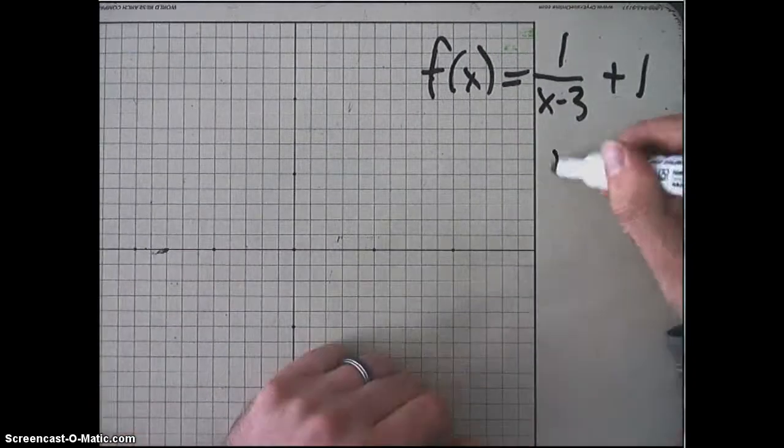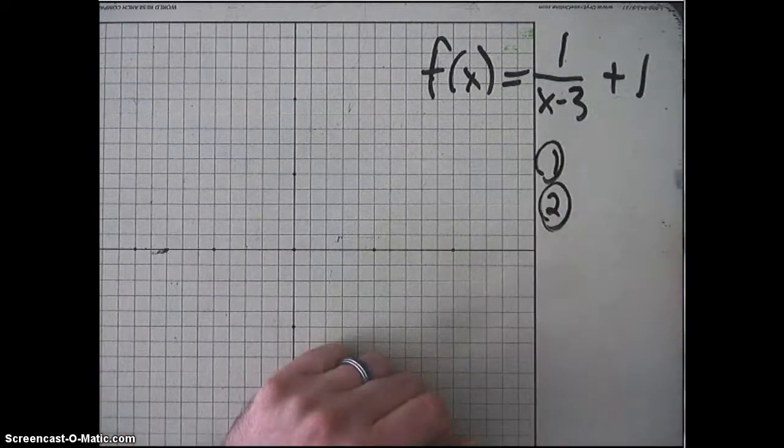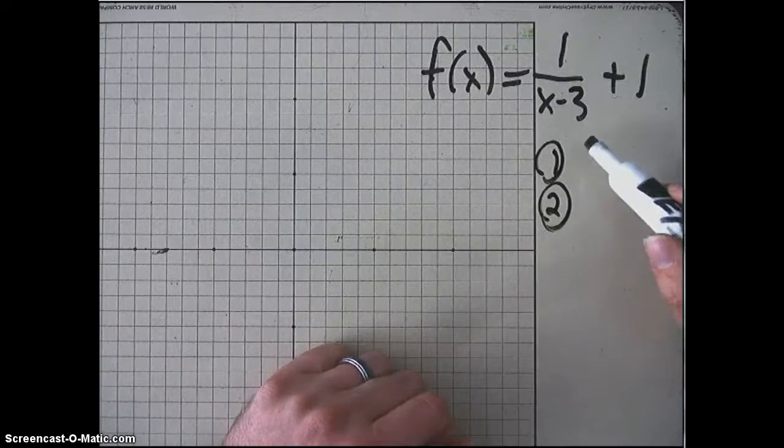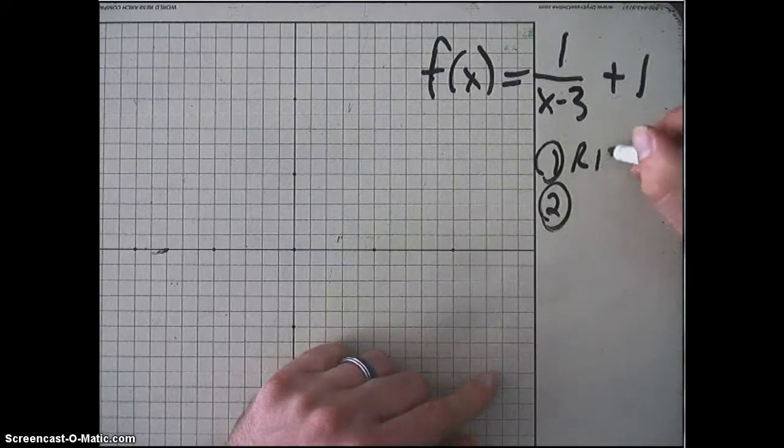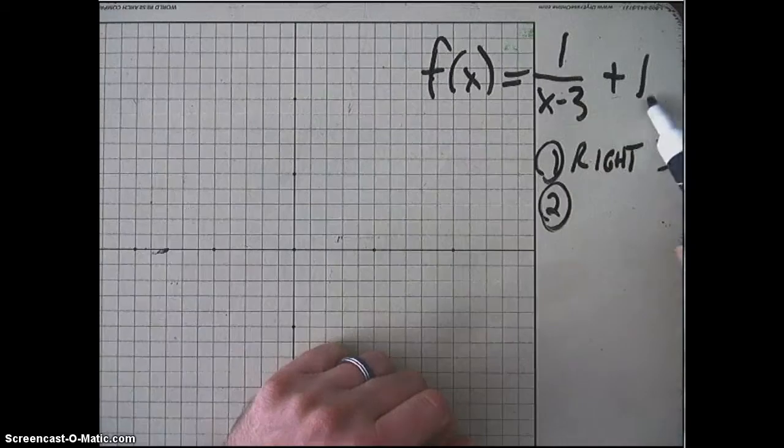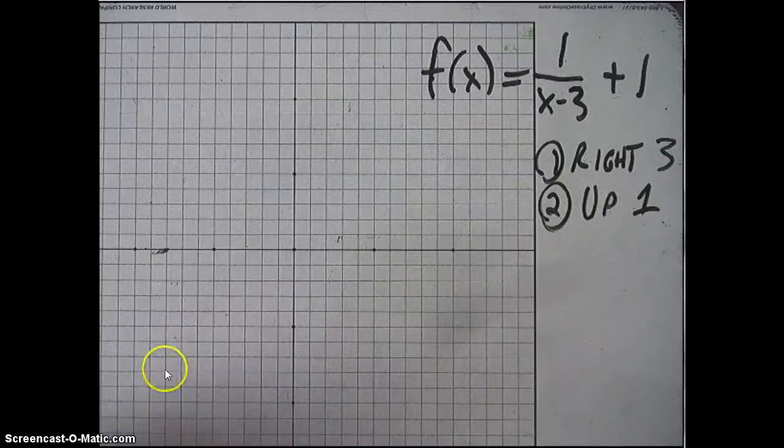And there's 2 transformations, right? One of them is the minus 3, the other one's the plus 1. The minus 3 is counterintuitive. That means it goes right 3 units. And the plus 1 means it goes up 1 unit.